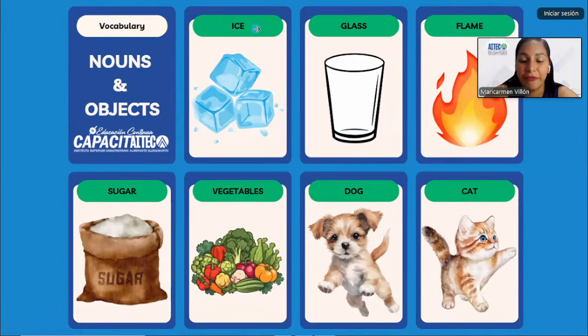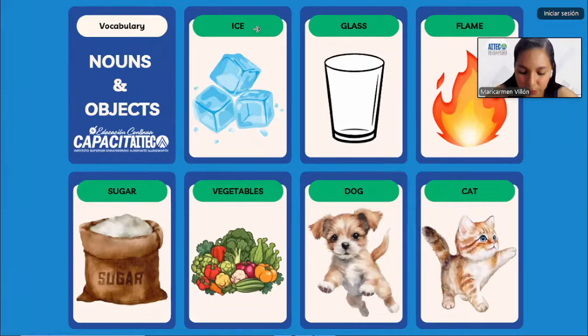Okay, please repeat after me. We got ice. Ice means hielo. That's the picture there. We got glass. Practice the pronunciation. Glass.